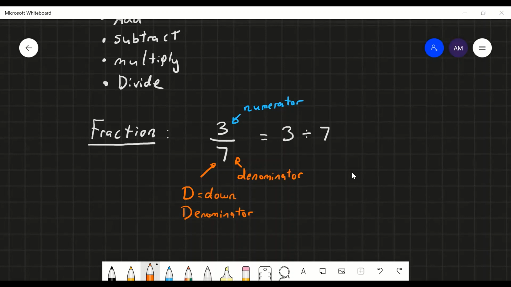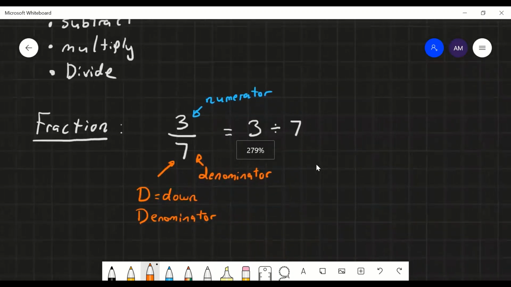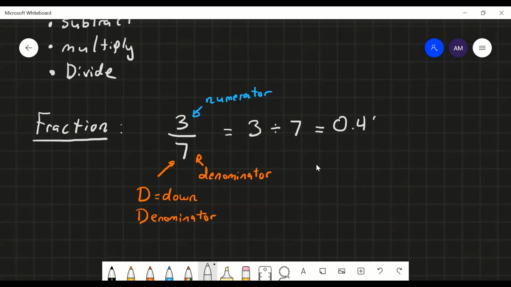So why bother with fractions? Well, in this example that I gave you here, 3 over 7, I can't do 3 over 7 in my head. You'd have to use a calculator for this. 7 just doesn't go well into 3, and that's why. If we tried to put that into a calculator, I'll grab my calculator here and try. 3 divided by 7, I'm getting 0.4285714.